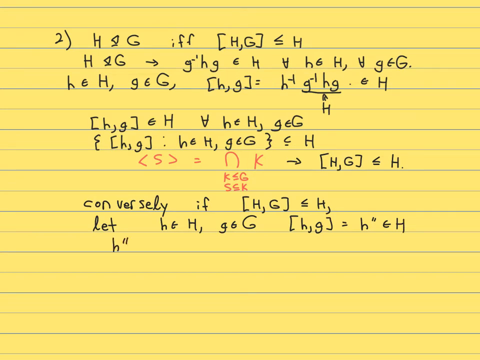So h double prime is h inverse g inverse h g. So that means h double prime times g inverse is g inverse h. So that tells you g inverse h g is in H, because that product on the left-hand side is an element in H. And so that means H is a normal subgroup of G.